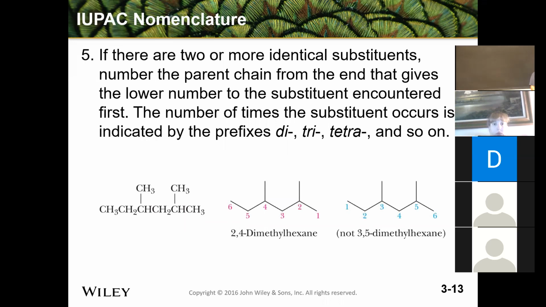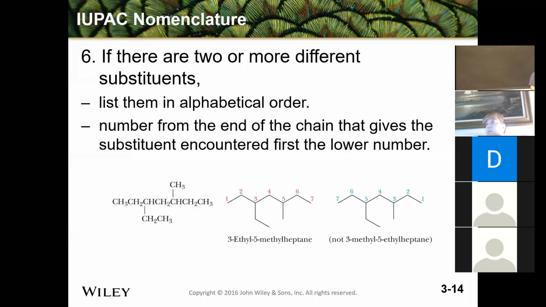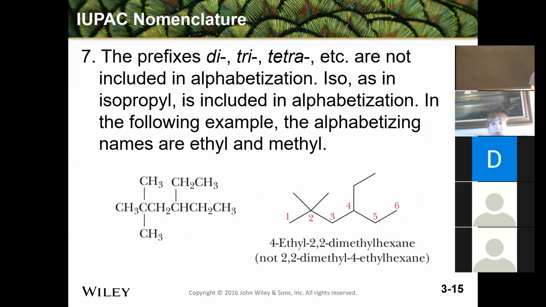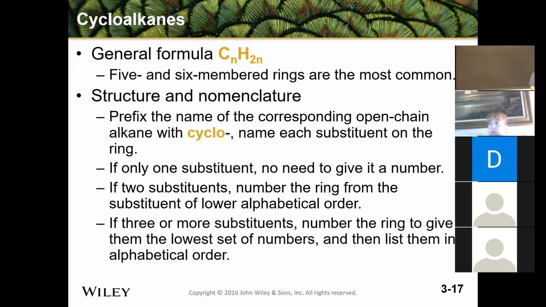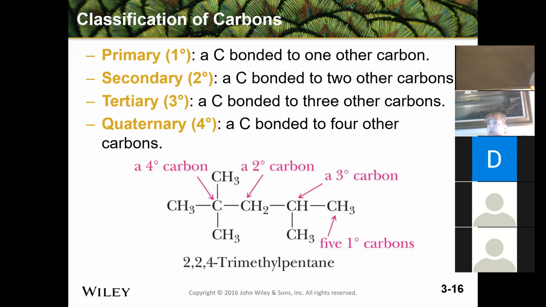Substituents are located by position numbers. We want to give the lowest combination of numbers to the various substituents. Every substituent gets a number, even the same substituent on the same carbon. Okay, so this is 4-ethyl 2,2-dimethyl hexane. Classification of carbons.